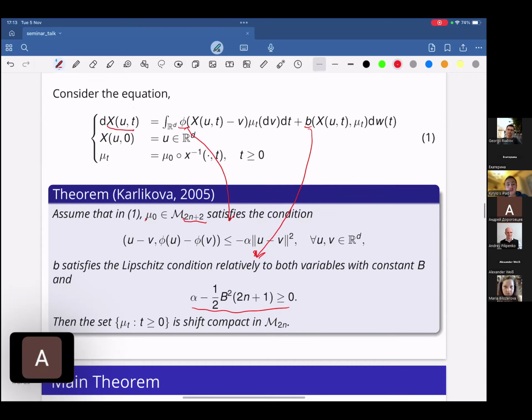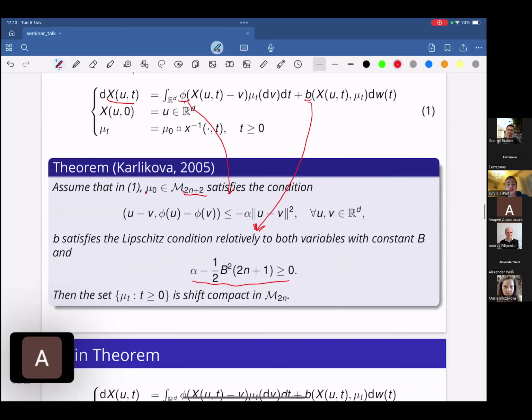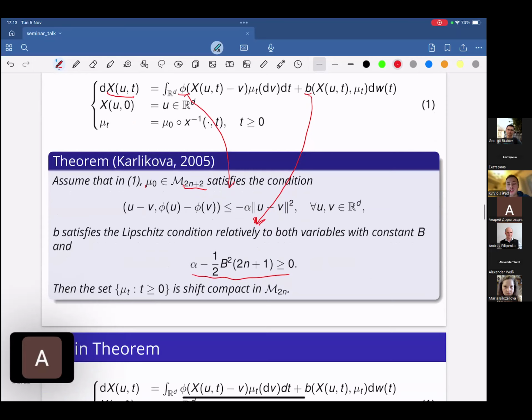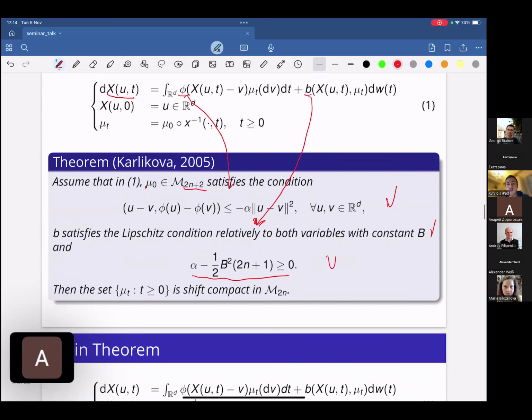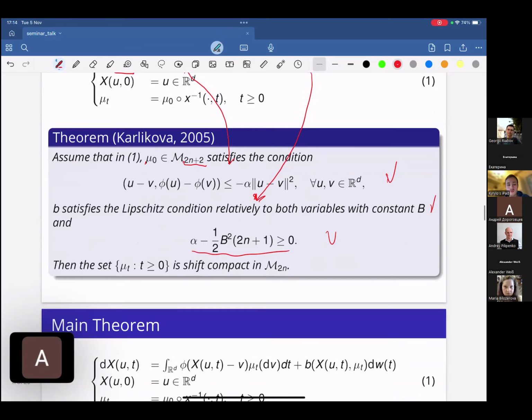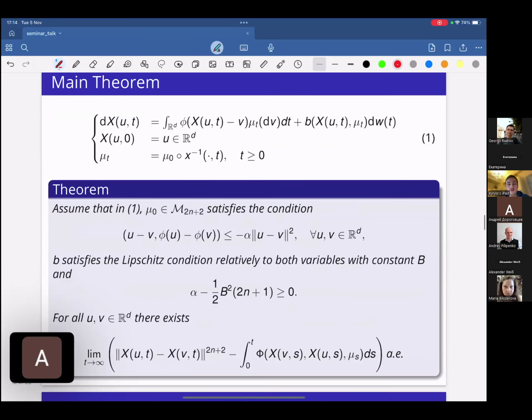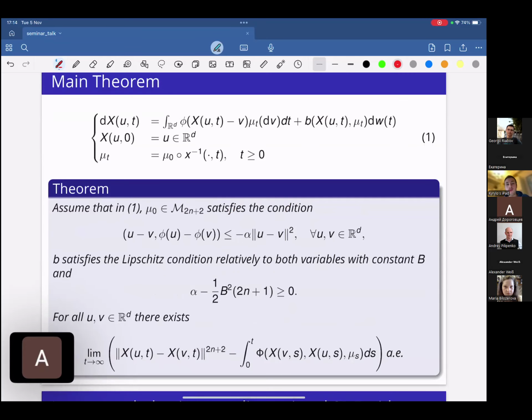It turns out that if we hold this condition for such stochastic differential equations, we can actually get some new results about the existence of the limit at infinity.